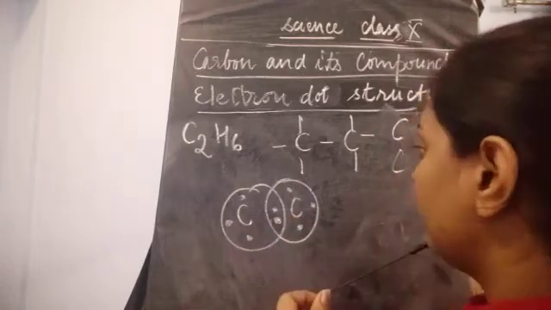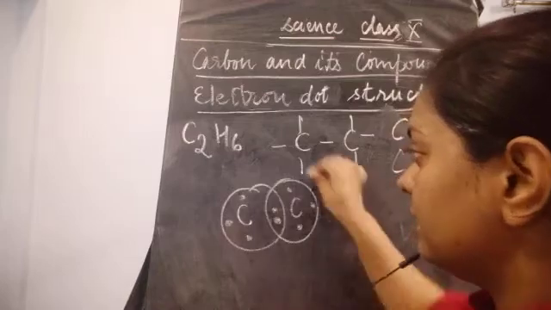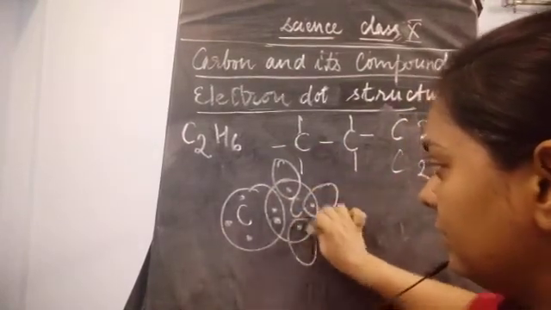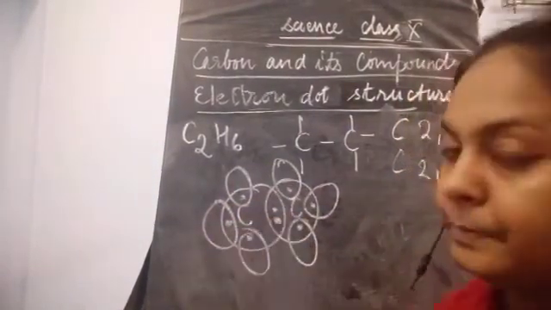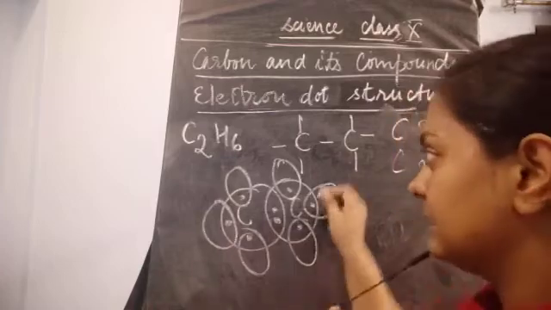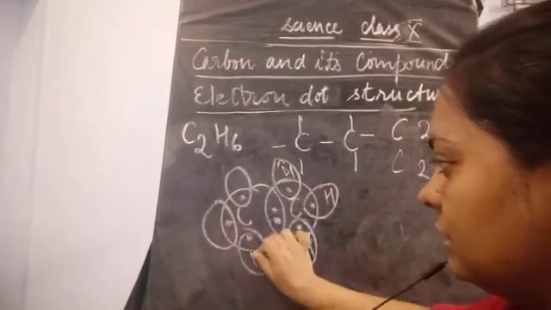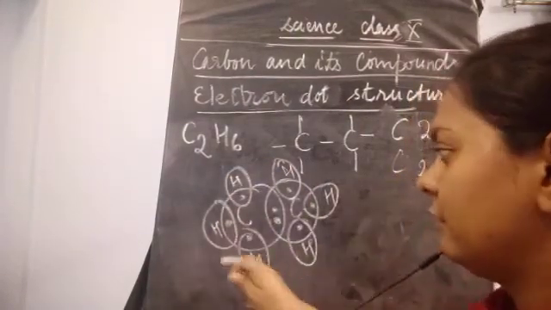Okay, now how many more? 4 electrons are more required. So how is it going to be? So here with H, 1, 2, 3, and 2 and 3. So C2H6, H, H, H, H, H and H. How many? 1, 2, 3, 4, 5, 6.